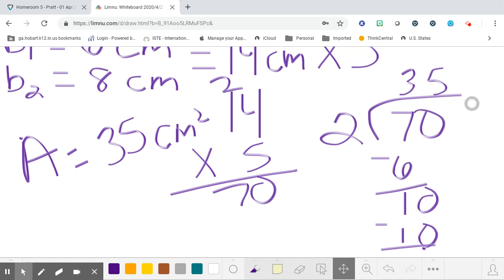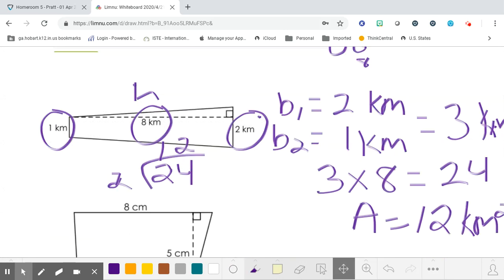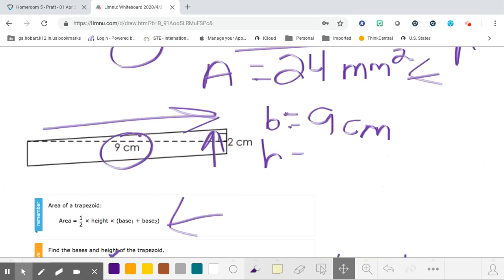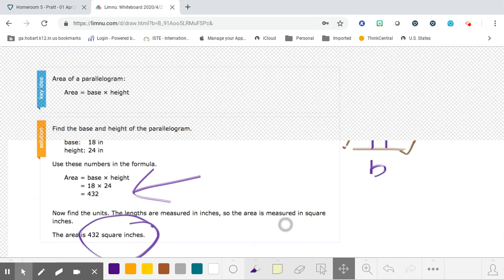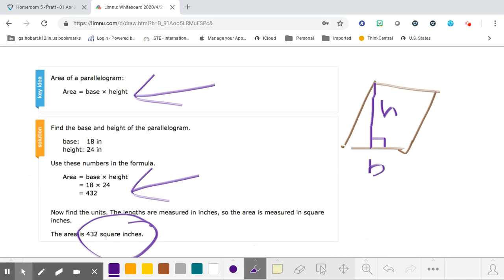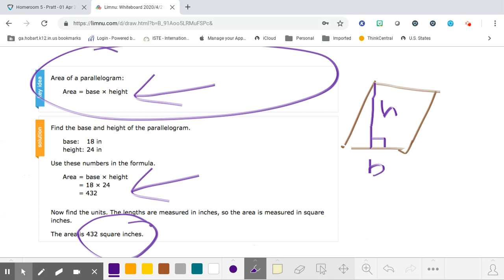Okay, and that's pretty much it. That's what you're doing today. You're going to be working on finding the areas of parallelograms and trapezoids. In the assignment, I do have these in there, and an example on how to do it as well, so that it helps walk you through how to do this.